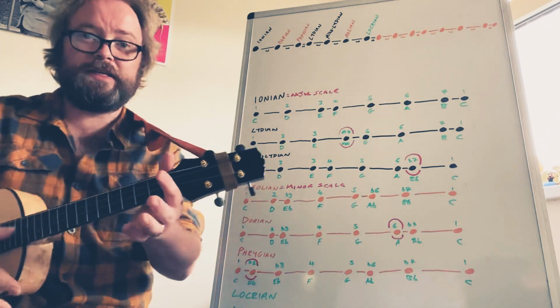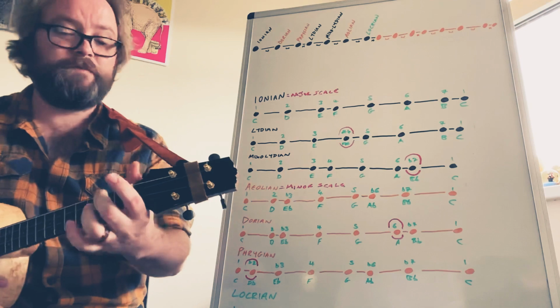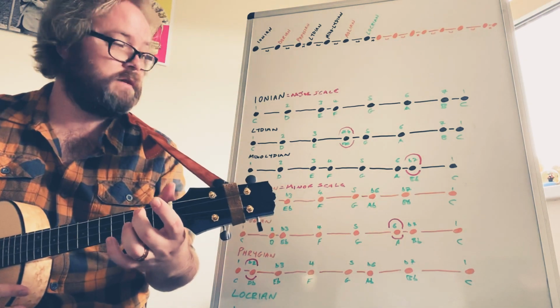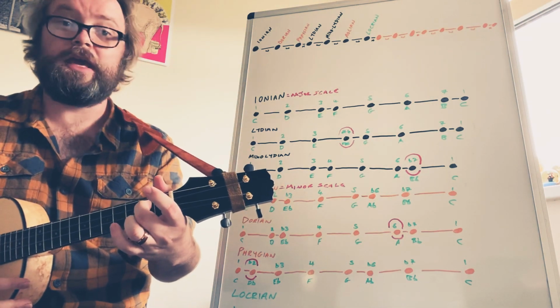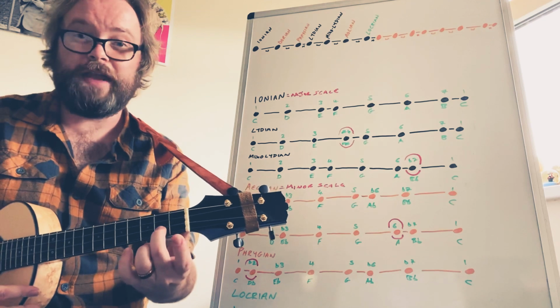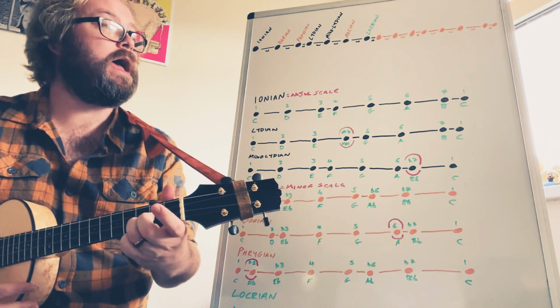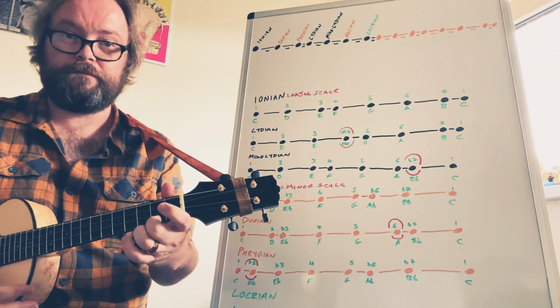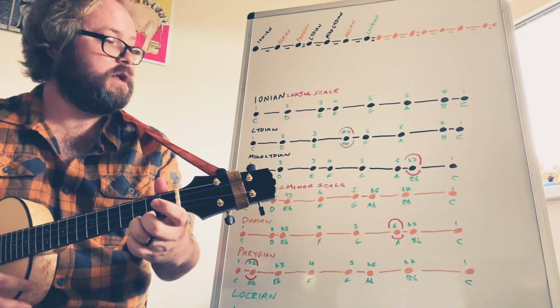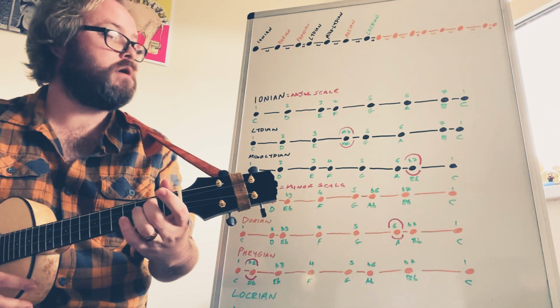So if I play this Lydian scale, and you can play along if you want, we've got a C, D, E, but now we have an F sharp, G, A, B, C. Let me put that together.